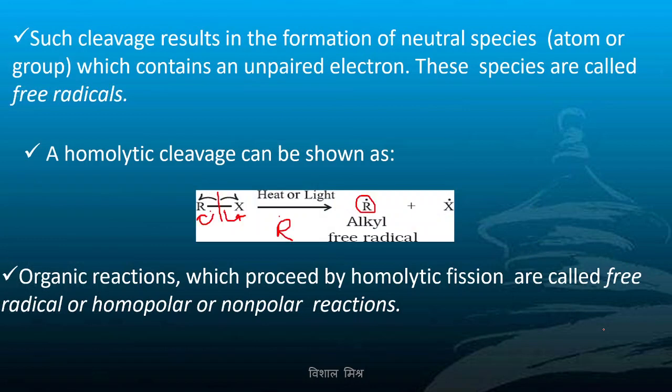Now, organic reactions can proceed by either means, but when they proceed by homolytic fission, they are called free radical or homopolar reactions, and if they proceed by heterolytic fission, then they are known as polar reactions.